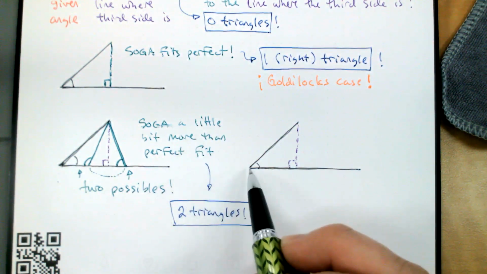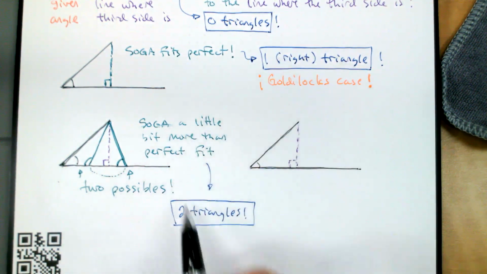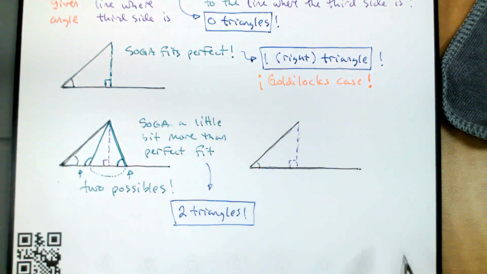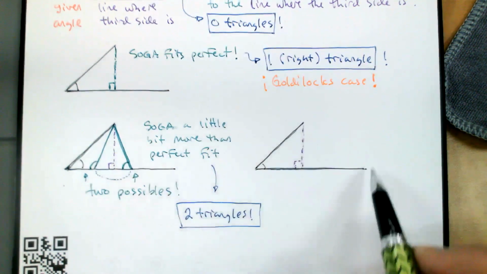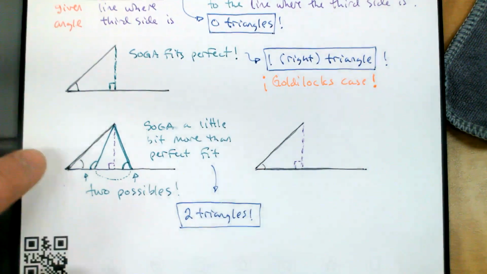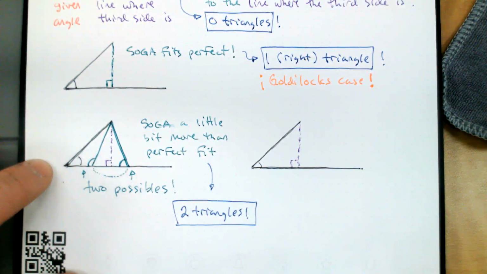It'll swing right past the vertex of the given angle and all the way around, and it just keeps on spinning and spinning and spinning. I'm just kidding, it doesn't keep on spinning. It stops when it gets to where the other one is going to be. That happens when the side opposite the given angle is greater than the other given side.